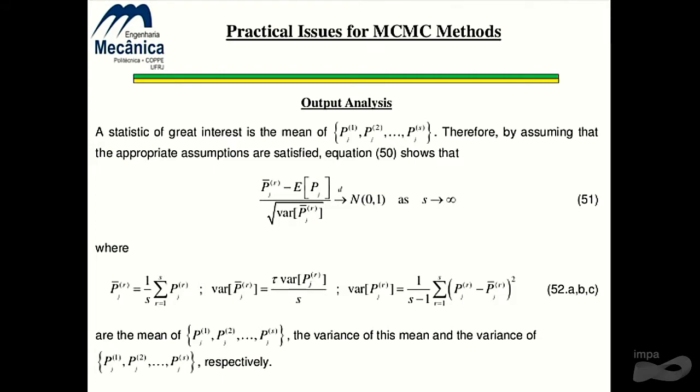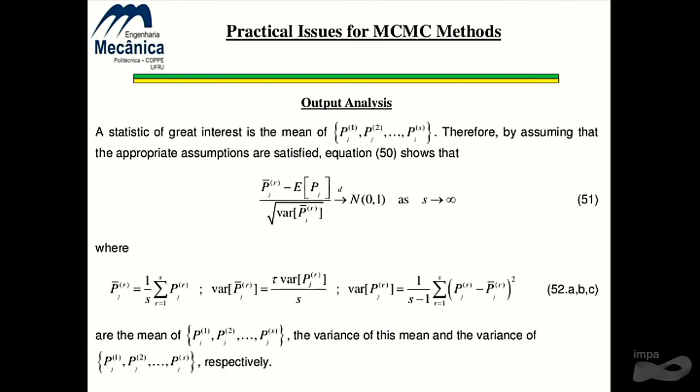So the mean that you obtain with the Markov chain is Gaussian, okay? This would be like a standard Gaussian, where here we have the mean of the samples. Here we have the variance of the mean, and the variance of the mean is the variance of the samples divided by the number of effective samples. And this is the variance of all samples in the Markov chain.